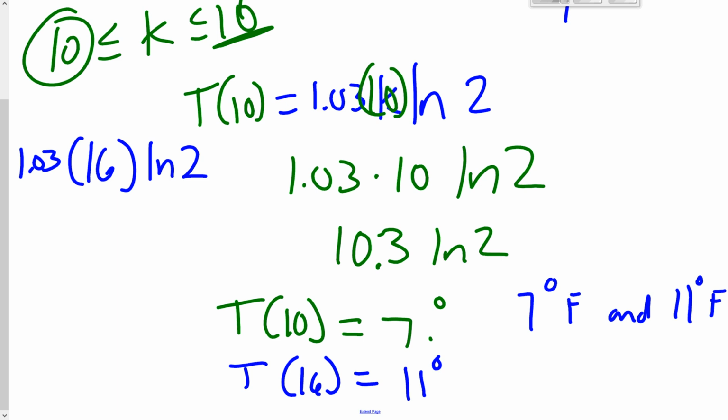All right, now we can do number 77. We're looking at the age of rocks. So remember, the age of rocks formula is 1.26 times 10 to the 9th. This is our age of rocks. Can't remember the letter that they let it stand for.